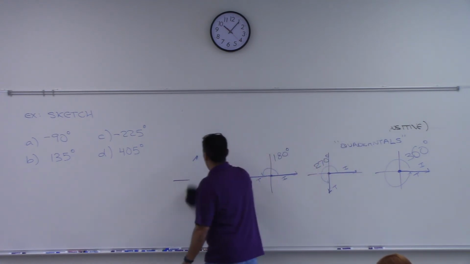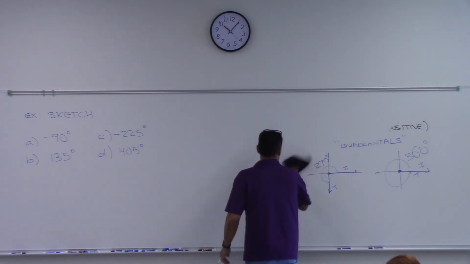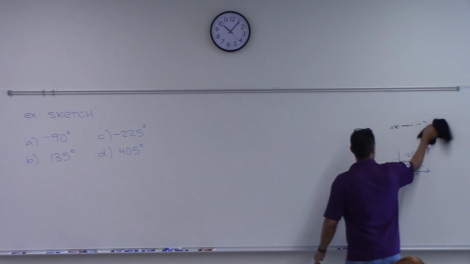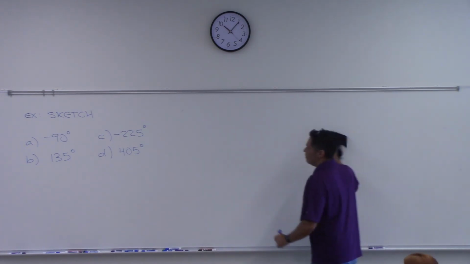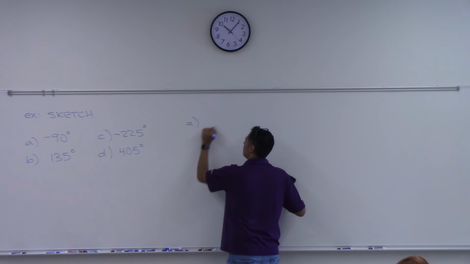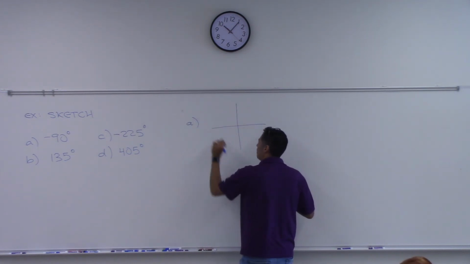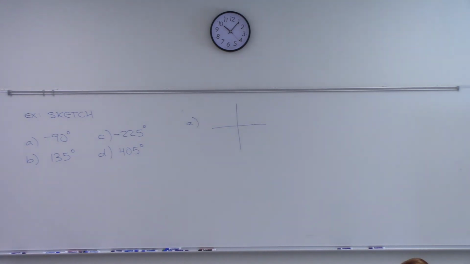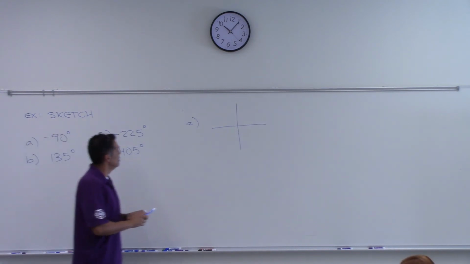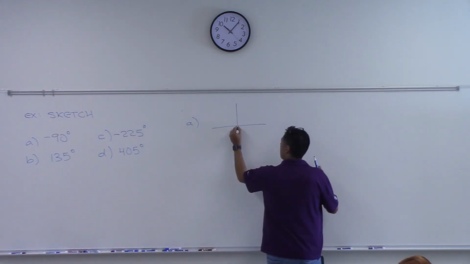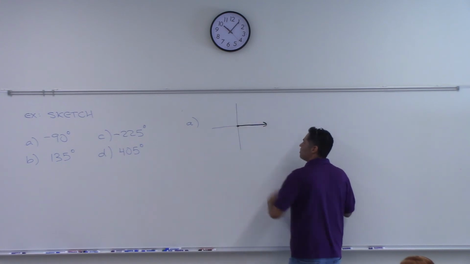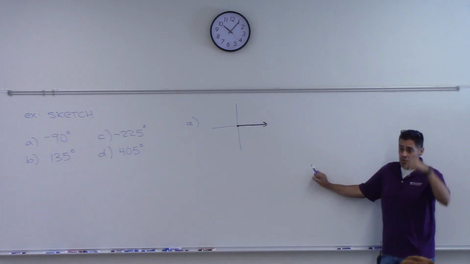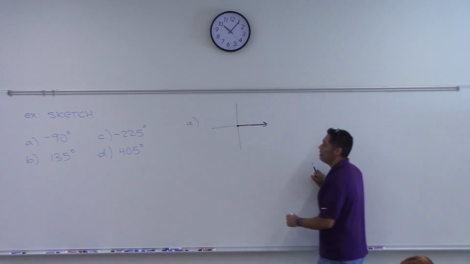So let's start with A. For A, start with our XY plane. I'm drawing standard position, negative 90. So I start with my initial side out the x-axis, and my terminal side will be where? Here's my initial side. Where's my terminal side? Straight down, right? Why is it straight down?